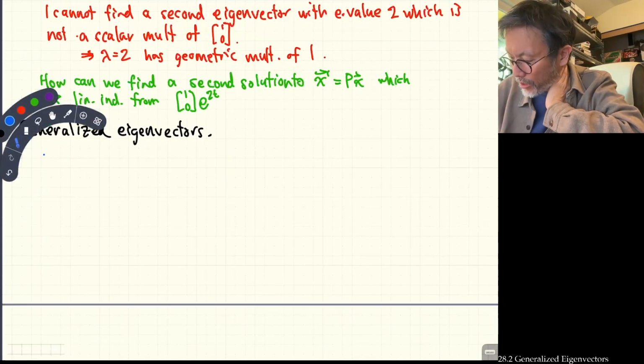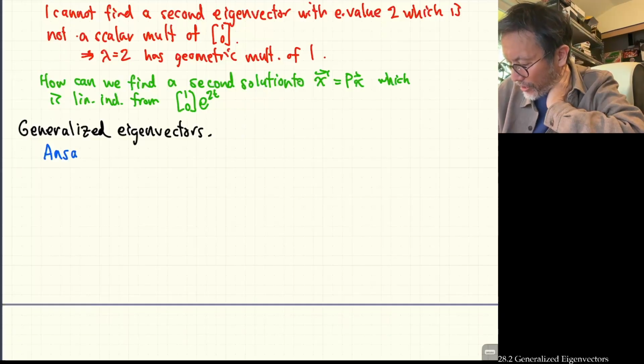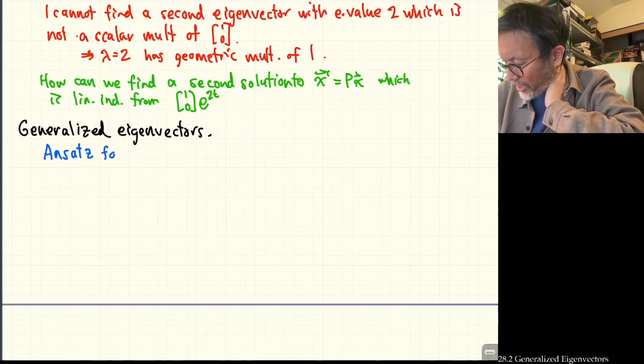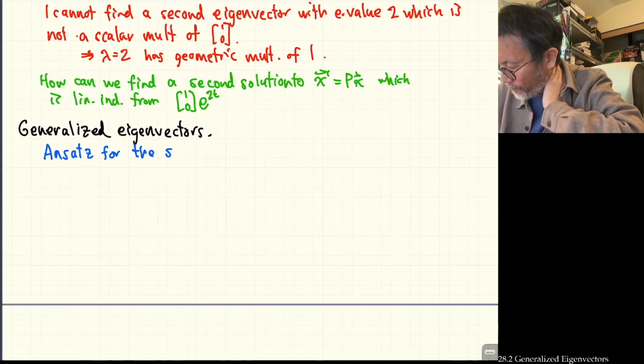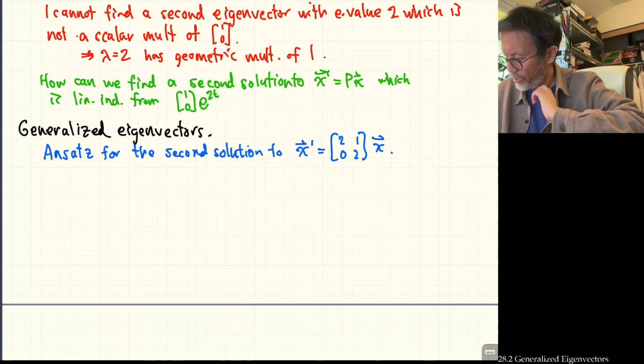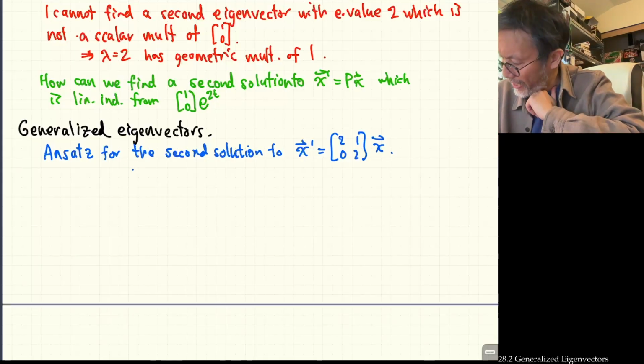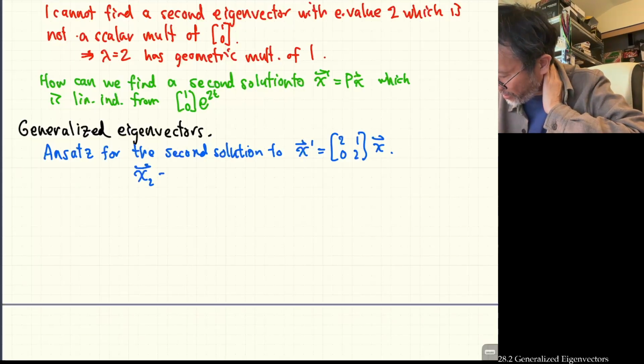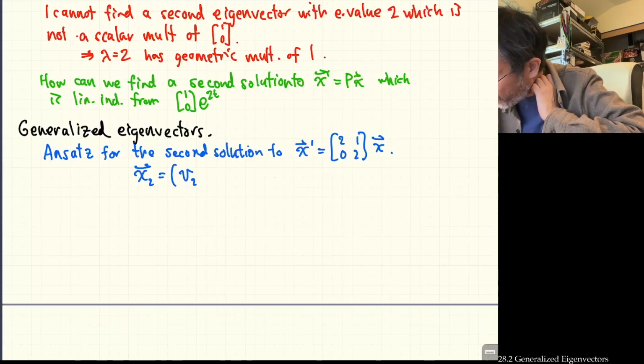What we're going to do is make an ansatz, another guess for the second solution to x prime equals the matrix 2, 1, 0, 2 times x. The ansatz that we're going to make is that x sub 2 is equal to v2 plus v1 times t, all times e to the 2t, where v2 and v1 are vectors.